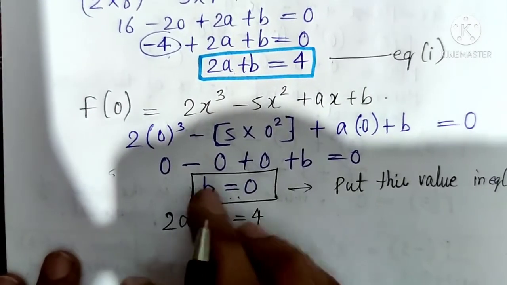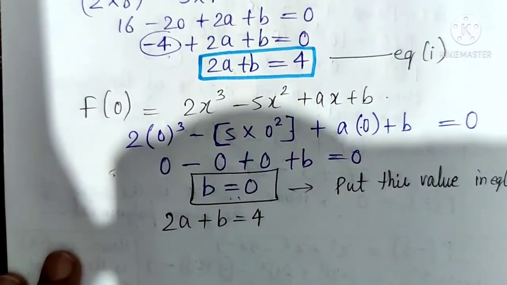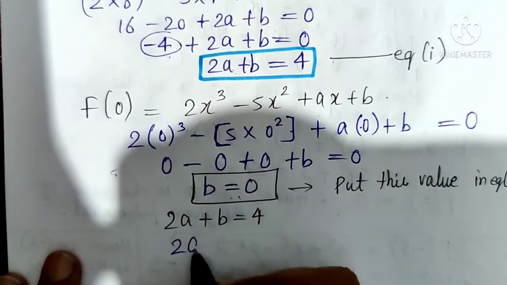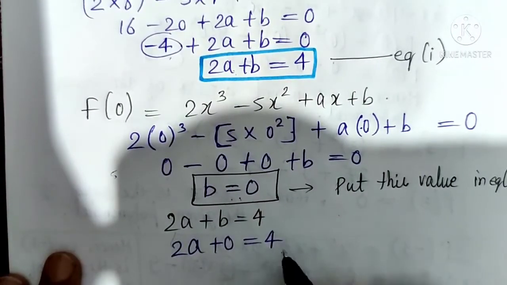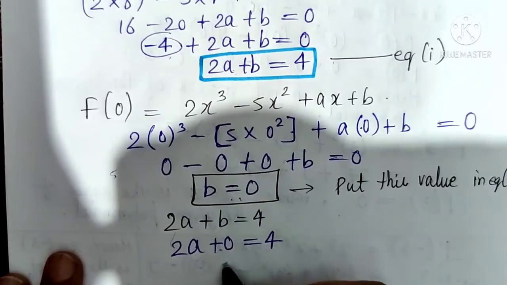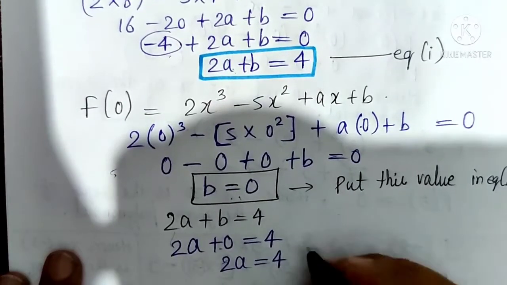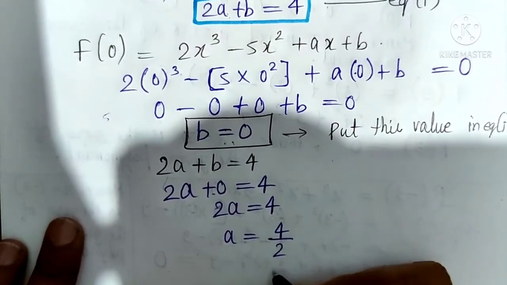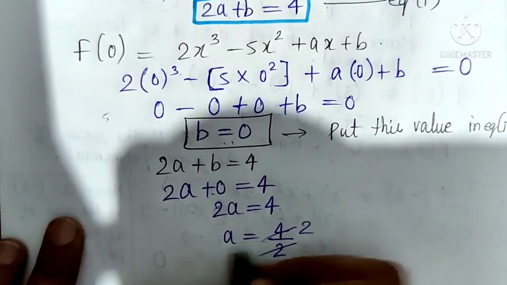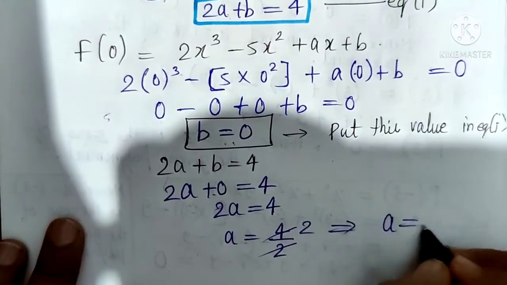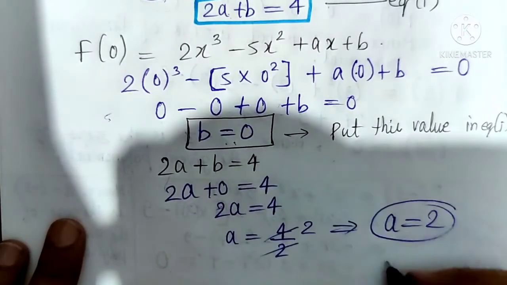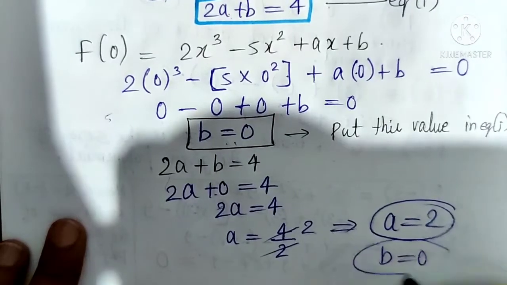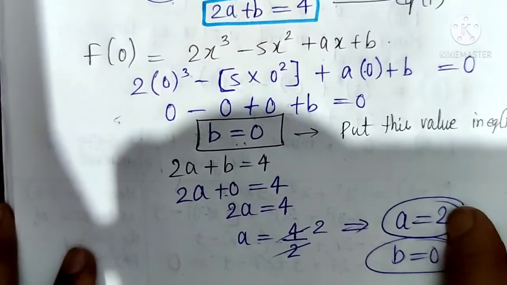In place of b we write 0, so we can find the value of a. 2a plus 0 equals 4. Now 0 is nothing, so 2a equals 4. Keeping a here, the 2 goes downside, so a equals 4 by 2. 2 twos are 4, so the value of a came 2, and the value of b came 0. In this way we have found the values of both a and b.